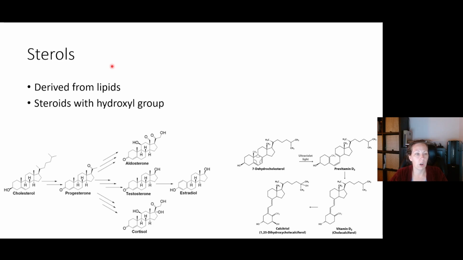So sterols are a steroid with a hydroxyl group, and they too are amphipathic. So like this part of the sterol is polar, but this part is nonpolar. So it has both polar and nonpolar parts. But we don't use the sterols as food additives because they have major functions in the body, and generally not something that you want to use as a food additive.